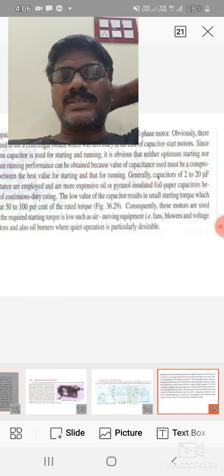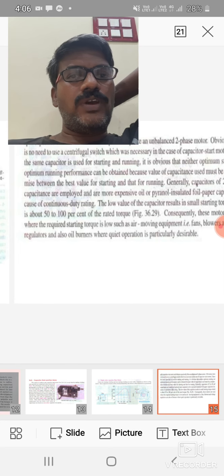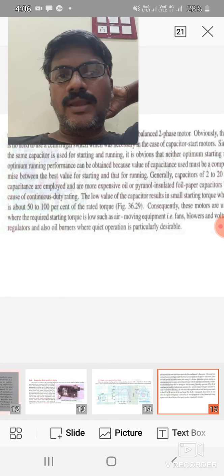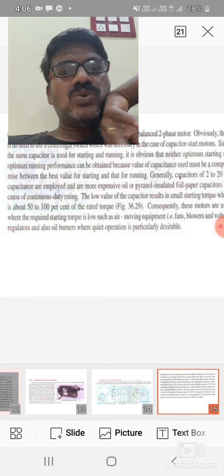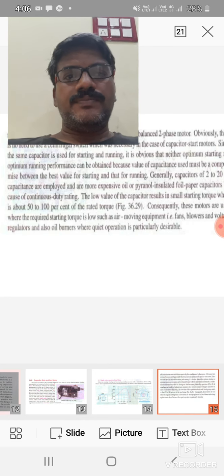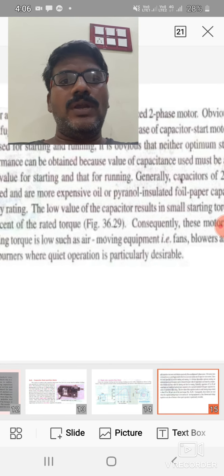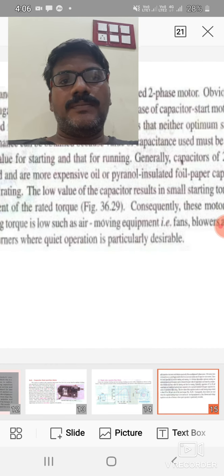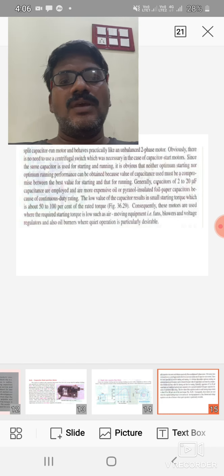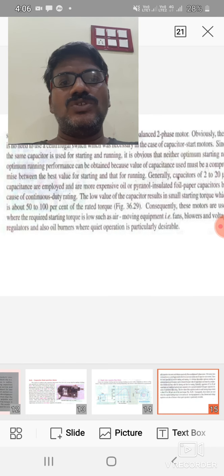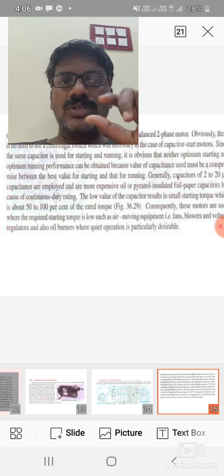So generally capacitances of 20 microfarads or so are employed, and they are more expensive: oil or pyranol insulated foil paper capacitors, because of the continuous duty rating.